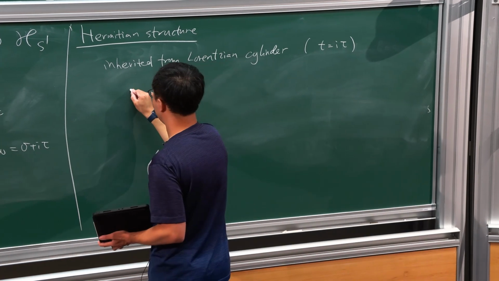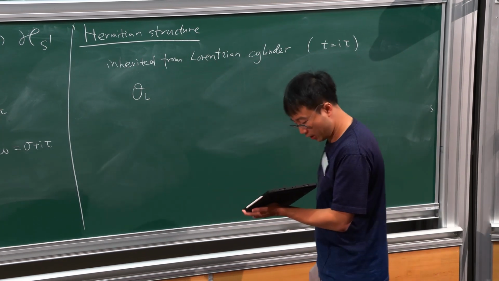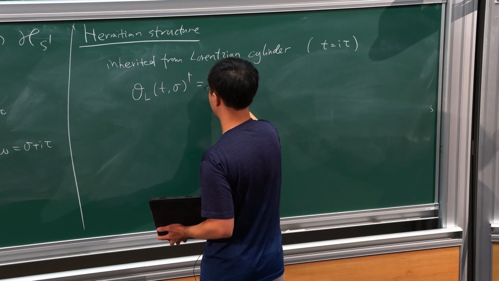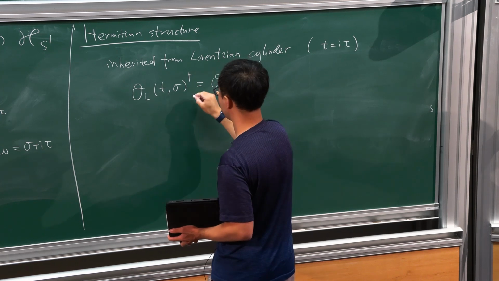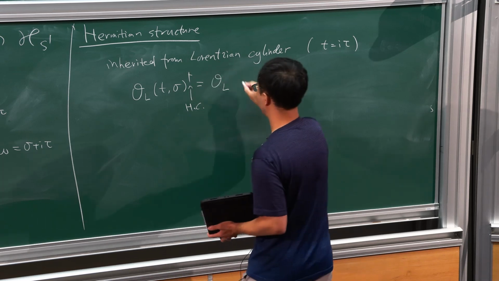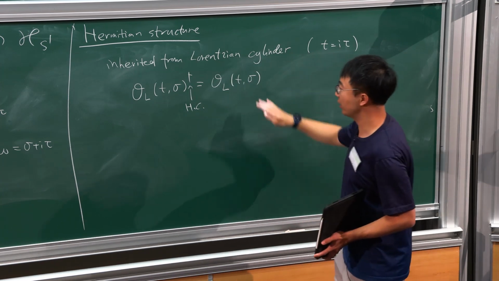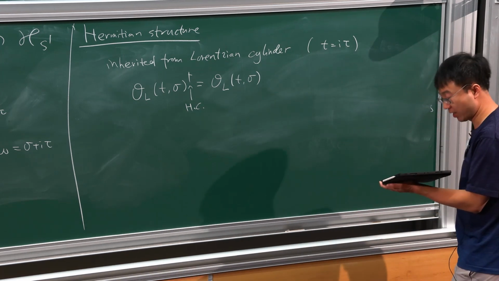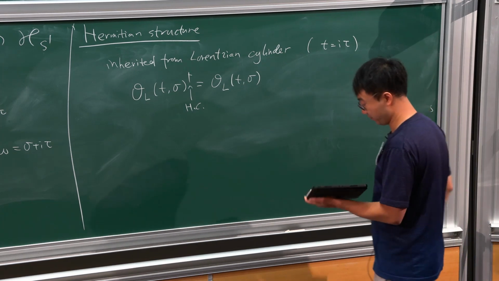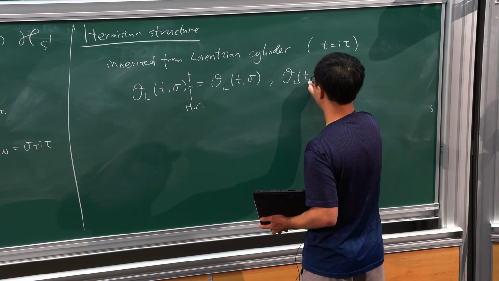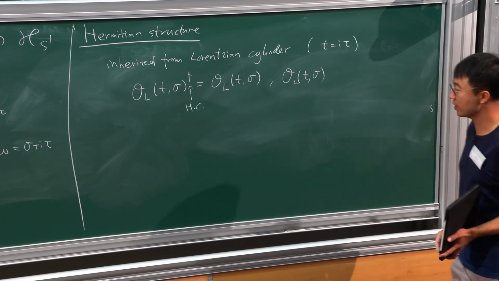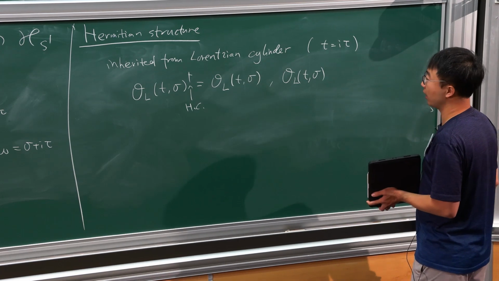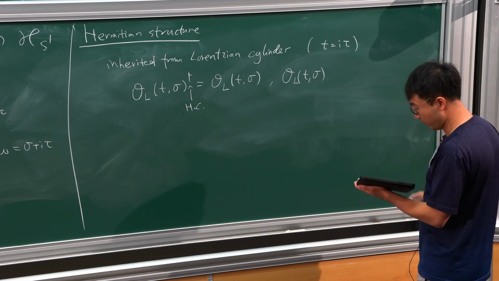So in the Lorentzian signature, Hermitian operators satisfy the usual operator equation, namely if you take the Hermitian conjugate, you get back to itself, with no action on the spacetime insertions in the Lorentzian spacetime, t and sigma, on the Lorentzian cylinder in this case. Now remember that a general operator inserted at t and sigma can be obtained from an operator inserted at zero time and sigma equal to 0 using the generators of the conformal symmetry in the Lorentzian signature.